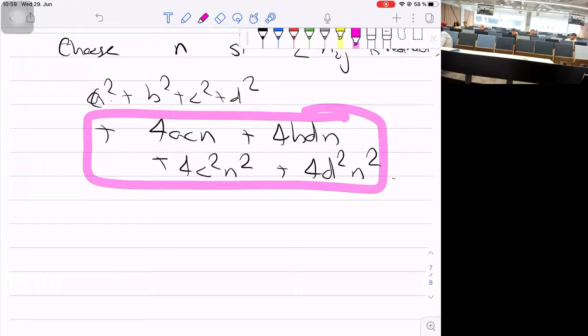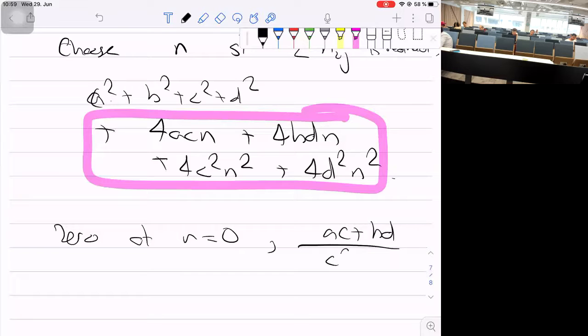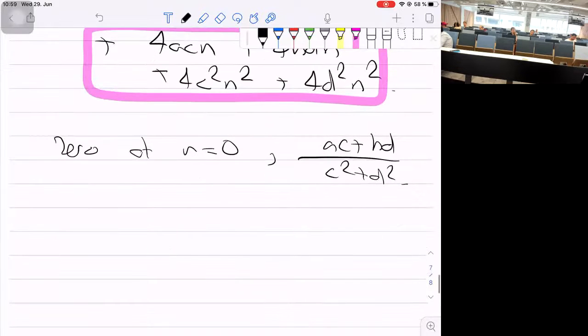You can see that it has a 0 at n equals 0, and its other root is a combination of a, b, c, d, which is minus (ac plus bd) over (c squared plus d squared). So now, if you can find an integer that's between these two, and plug that in as the value of n, you've got something where this sum is being reduced.